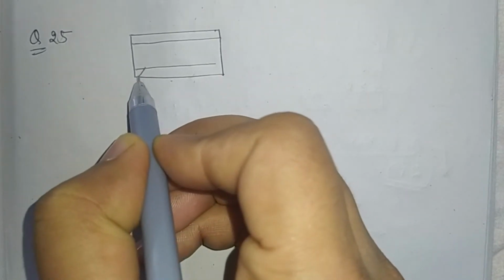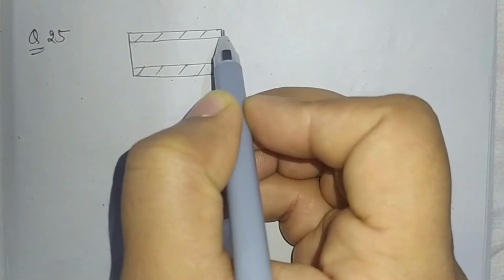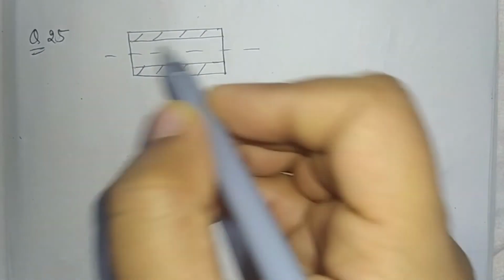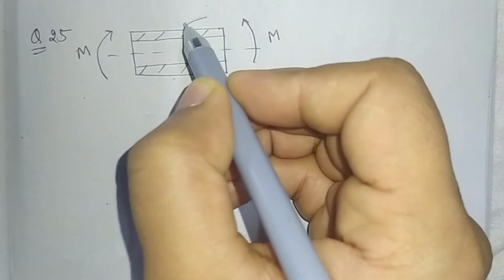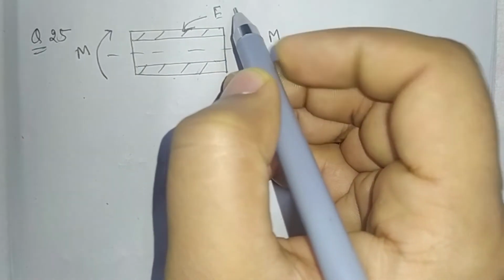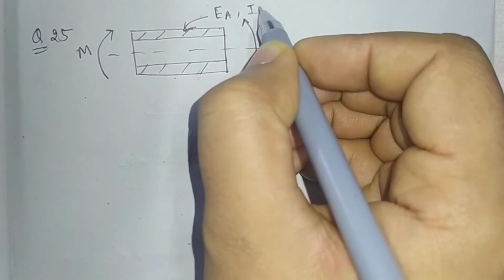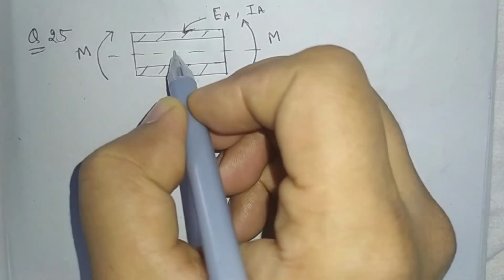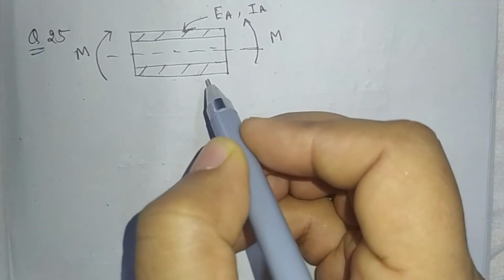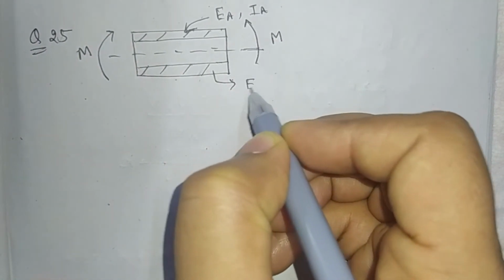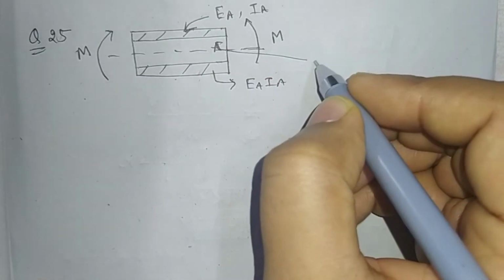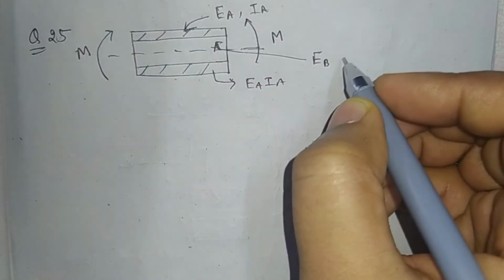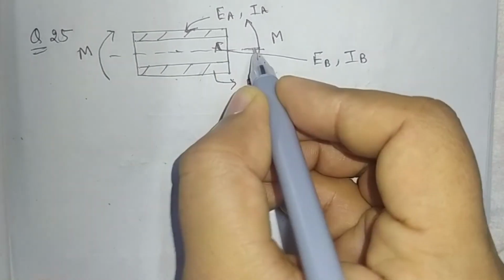Here in the given question, a flexed beam is given, or compound beam or composite beam, on which a sagging moment is applied, and there are two materials. One has modulus EA and IA, which is the second moment of area about the axis, and the other material has modulus of elasticity EB and second moment of area IB about this axis.